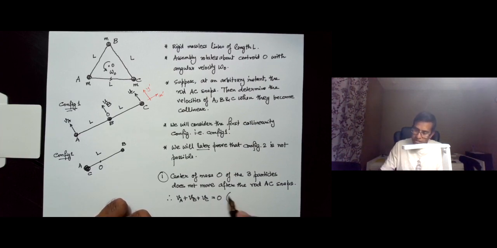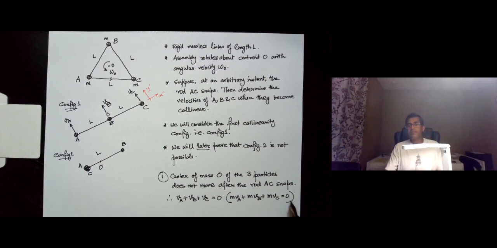What we are saying is that M VA plus M VB plus M VC is equal to 0. This represents the linear momentum of the assembly at the point of collinearity, and because they are of the same mass, it reduces to VA plus VB plus VC equals 0. So that's basically the conservation of linear momentum that gives us the first equation.